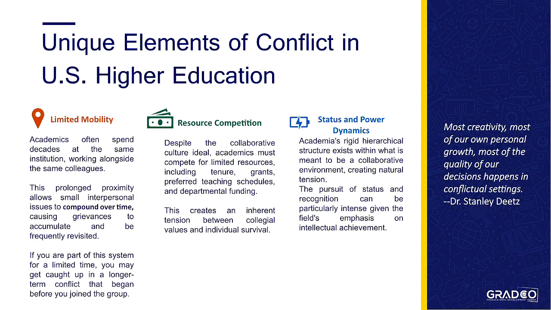Those two reward systems compete with each other sometimes, so that we become really good with one, but it causes conflict with another, or vice versa. Because of those two forces within higher education, there's often a lot more conflict than in other types of organizations because of those different reward systems.